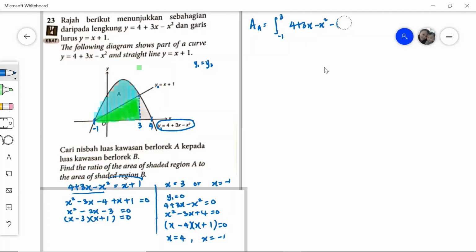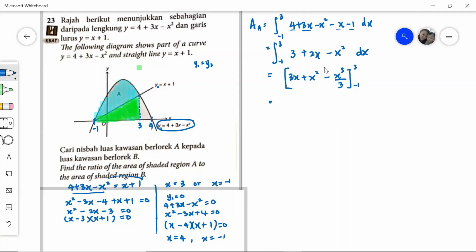When we open up the bracket, it becomes minus x minus 1 dx. Let's simplify this. We have 4 minus 1, that is 3. 3x minus x, that is 2x, and then minus x squared. With this, now we can integrate it.